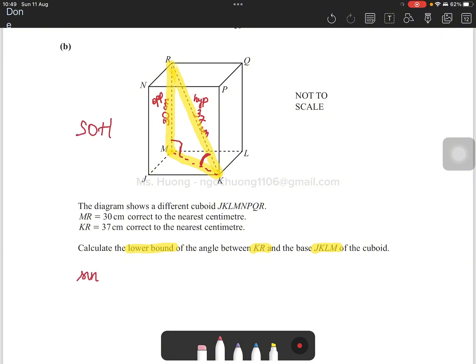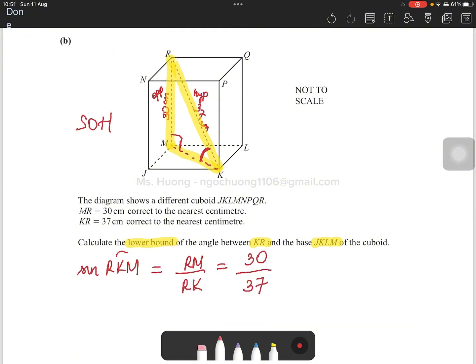Sin of the angle RKM is equal to RM over RK. RM is 30, and RK is 37 centimeters. So to find the angle RKM, we need to use the inverse of sin, 30 over 37.